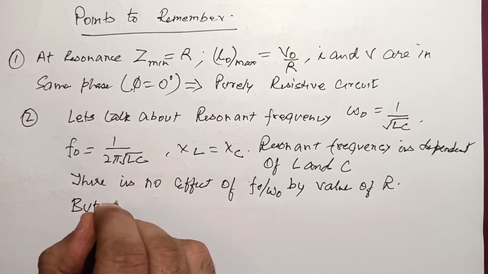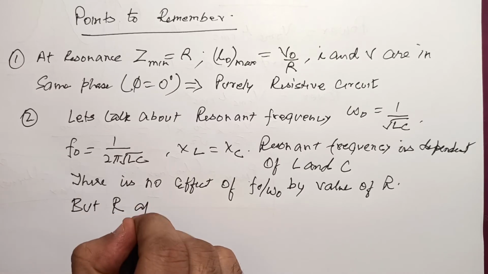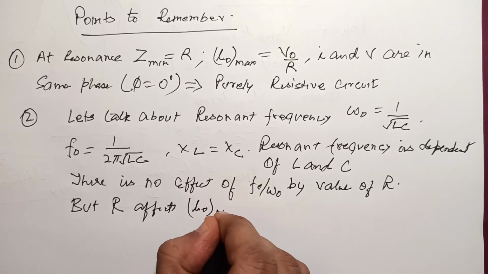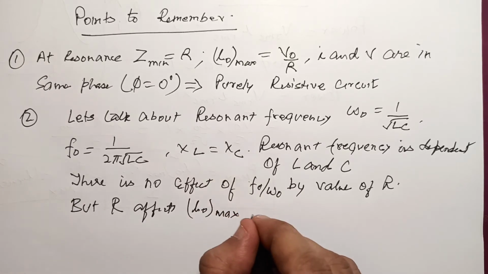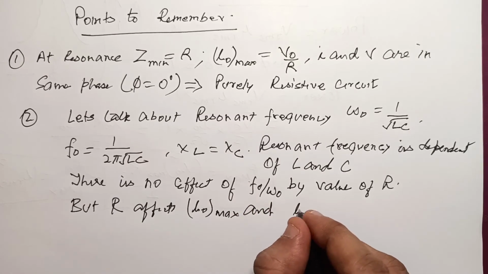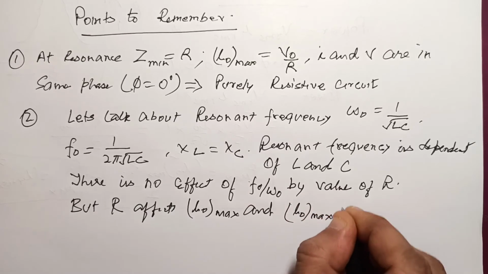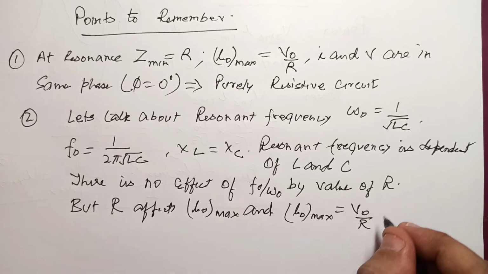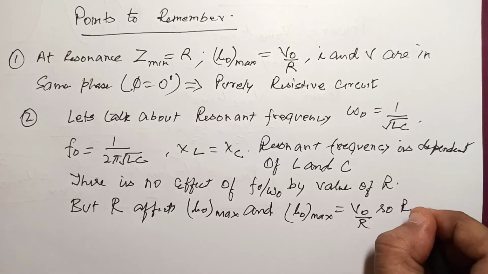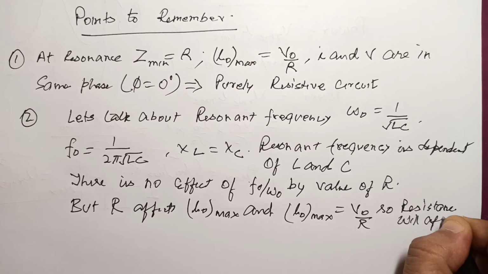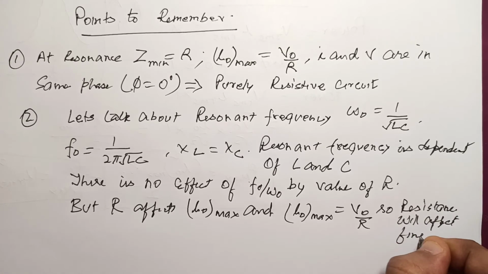But R affects I naught maximum, and we can say I naught max is equal to V naught by R. Resistance will affect the fineness of tuning.